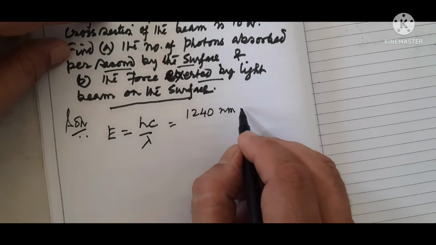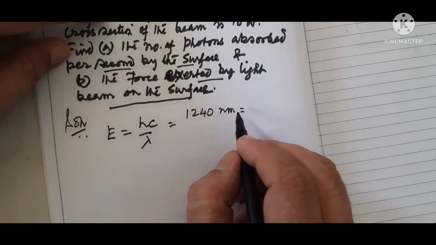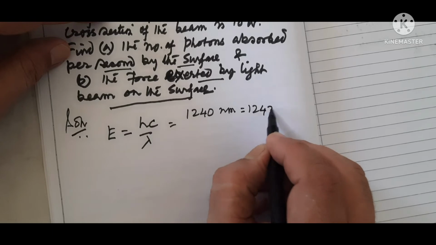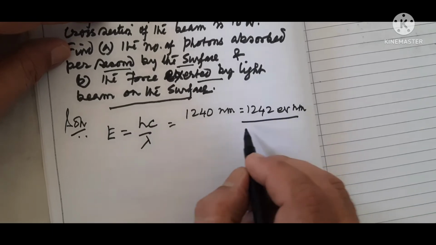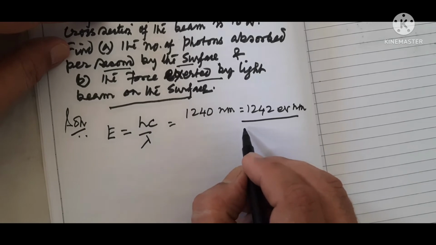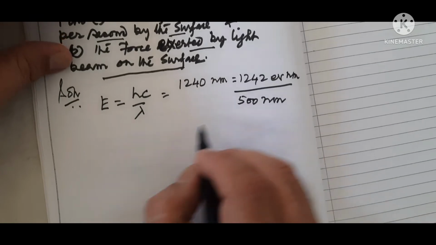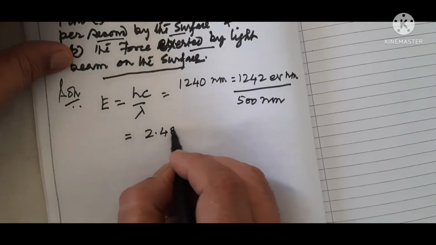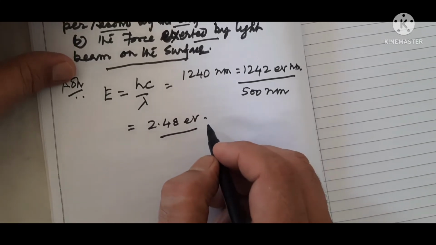Or one more point: if you express in electron volt nanometer, then 1242 electron volt nanometer by lambda. Lambda is how much? 500 nanometer. So that comes out to be 2.48 electron volt. If you divide, you will get this much.